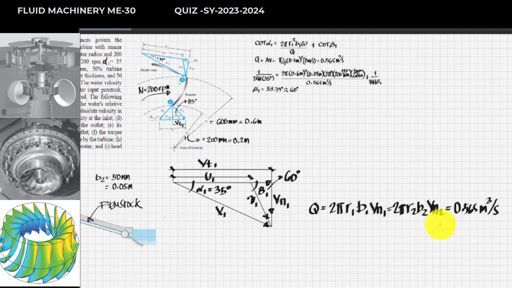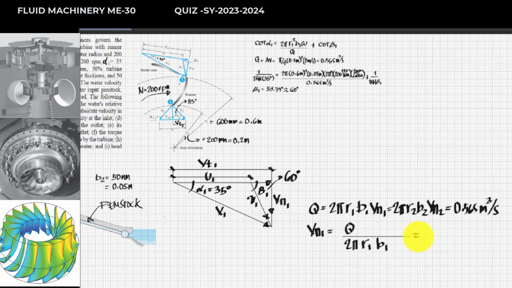Then we can rewrite yung equation in terms of looking for the normal velocity, Bn of 1. So that will be Q, all over divided by 2 phi, radius 1, and thickness 1.